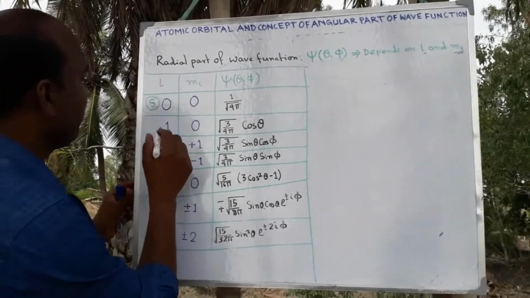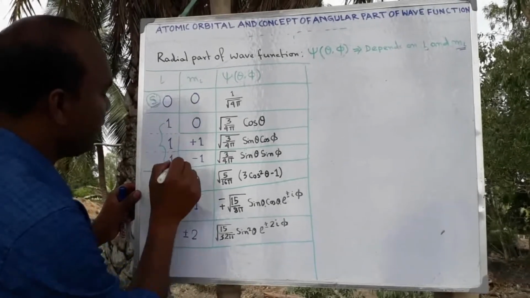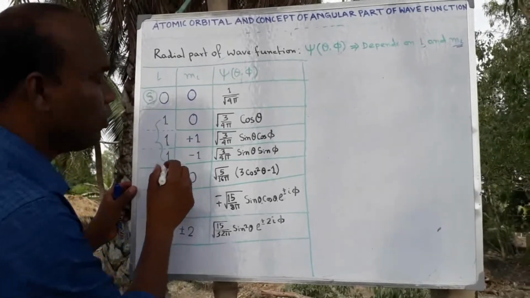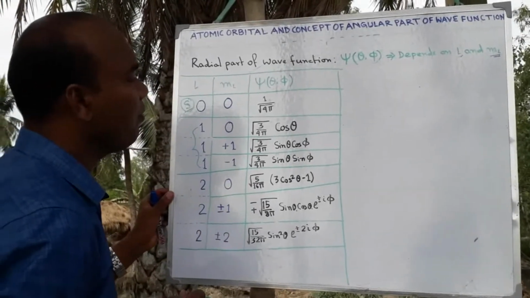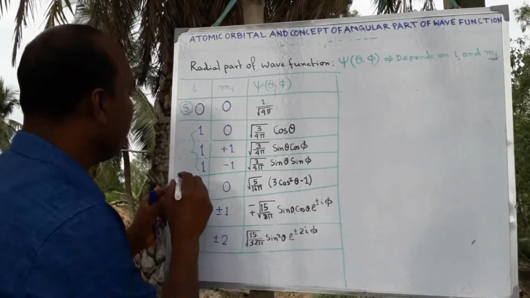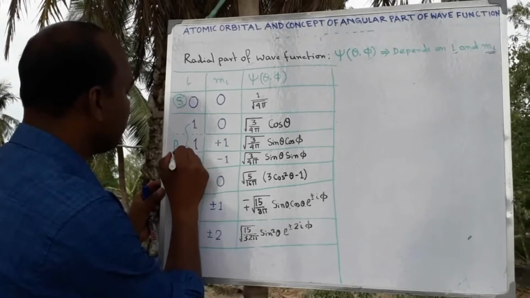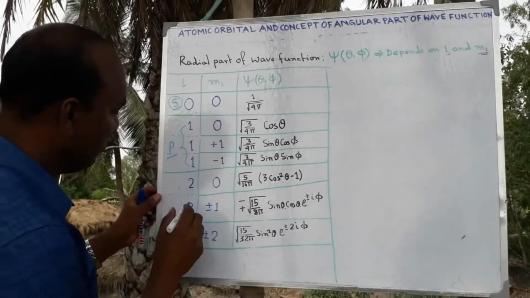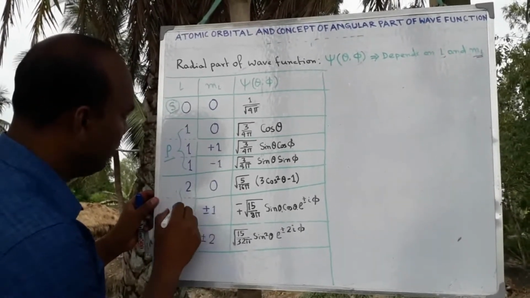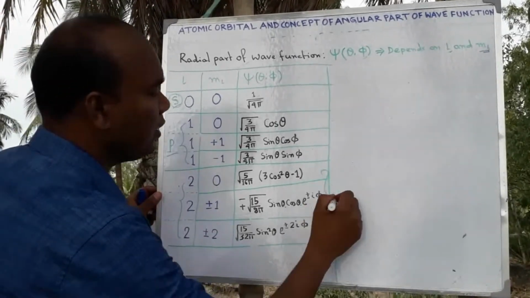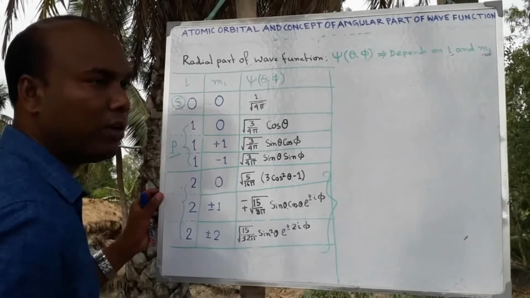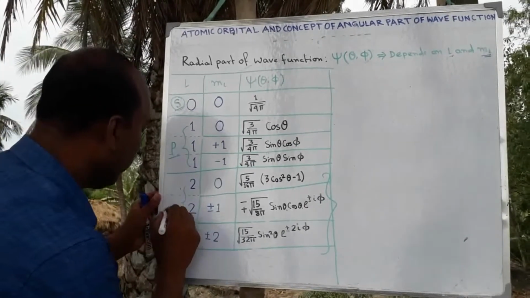You see here, for these three expressions, the l value is 1. So these expressions are basically the angular part of wave function for the p orbital. And see here, the l value is 2. So these solutions are basically for the angular part of wave function for d orbital.